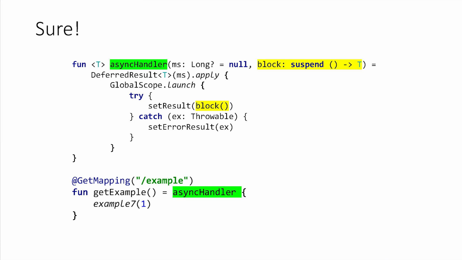Yes, we can. It's very easy to encapsulate that code inside an async handler. For instance, I have an async handler function. That async handler function receives a block. Notice that the signature of the block function contains the suspend. Suspend belongs there. It's not an implementation detail. It's something that appears in the function signature that calls the block and sets the result and sets the error result.